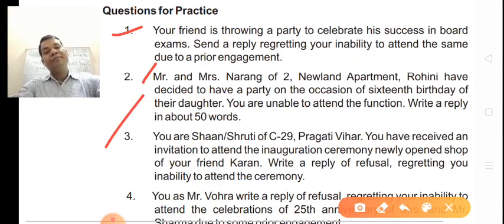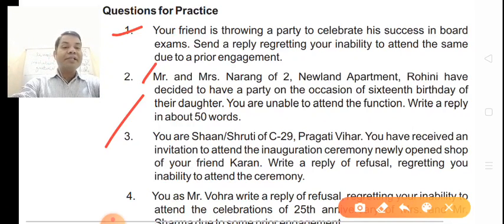Third one, you are Shan Shruti of C29 Pragati Vihar. You have received an invitation to attend the inauguration ceremony of the newly opened shop of your friend Karan. Write a reply of refusal regretting your inability to attend the ceremony.